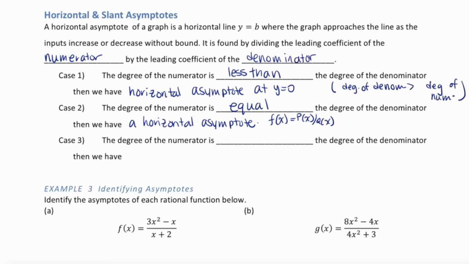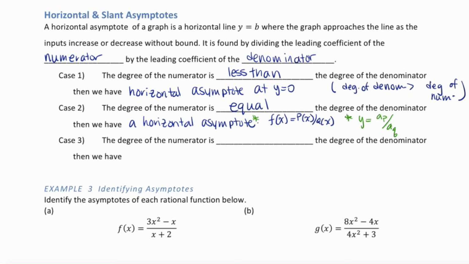So our horizontal asymptote is y equals a sub p over a sub q. This is the degree. This is the leading coefficient of the numerator p of x. This is the leading coefficient of the denominator, q of x.